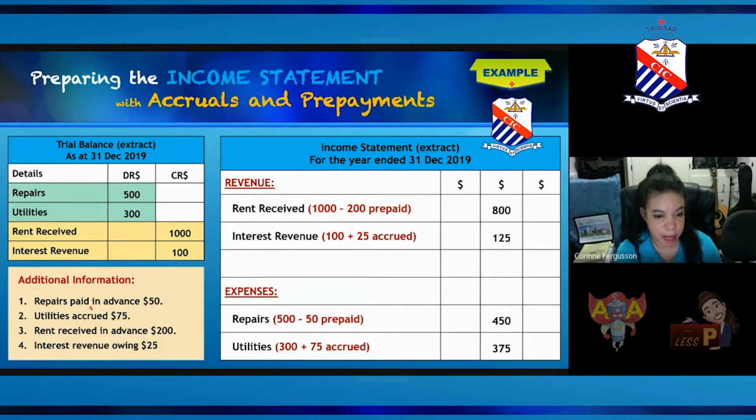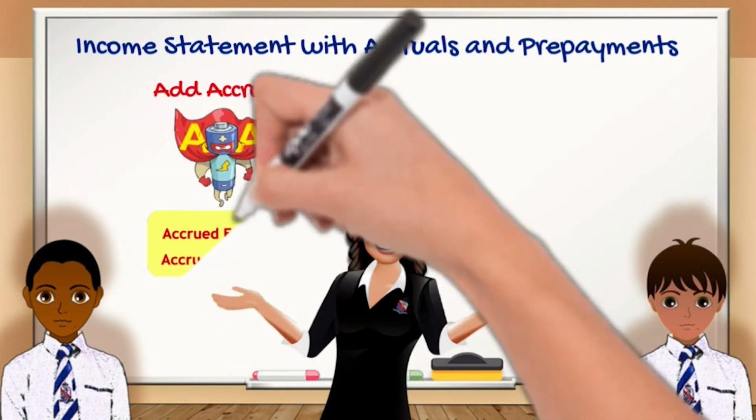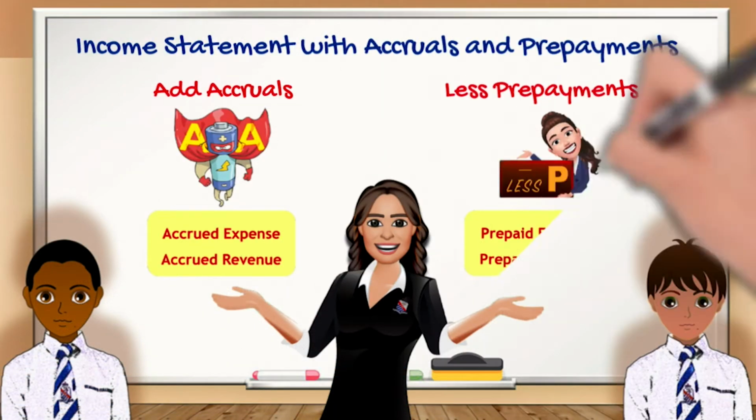Since it's a prepayment, repairs is an expense, you would have gone to repairs under expense. And what I had emphasized, remember, is you show your working, so you minus your prepayment, and you got the $450. So that is what you're going to do each time. For all the exercises, it's going to be repeating over and over until it's stuck in your head once again.